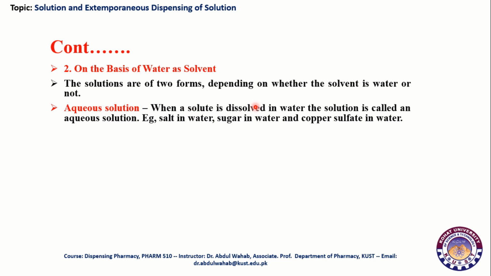When a solute is dissolved in water, the solution is called an aqueous solution. So if we are using water for the dissolution of the solute, we can use the term aqueous solution. For example, salt in water, sugar in water, and copper sulfate in water. So these are all aqueous solutions.